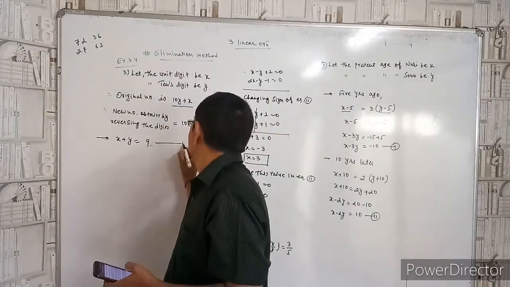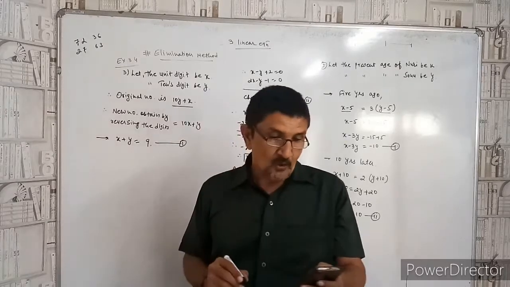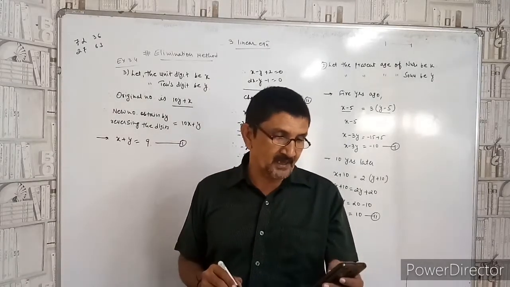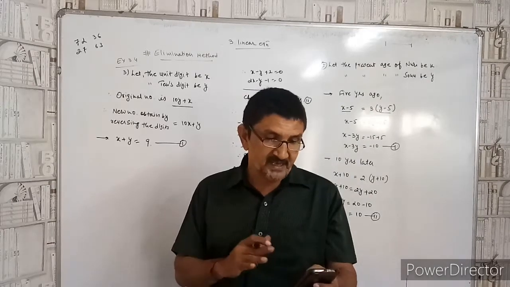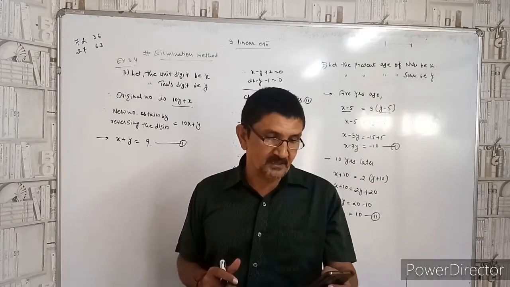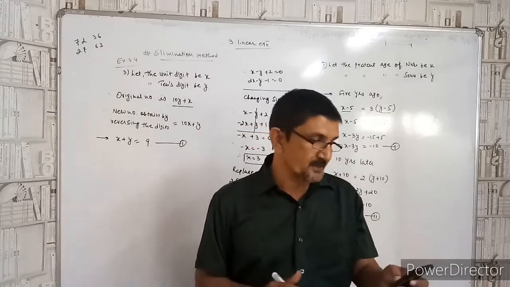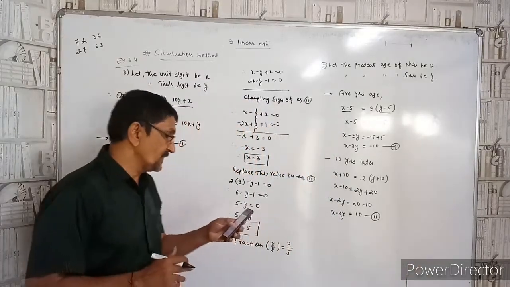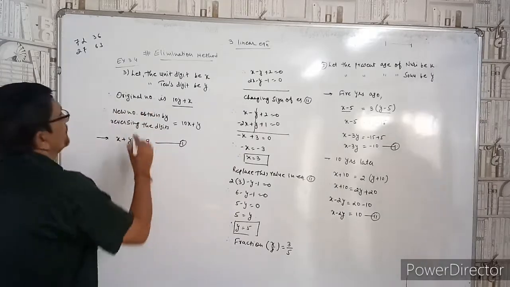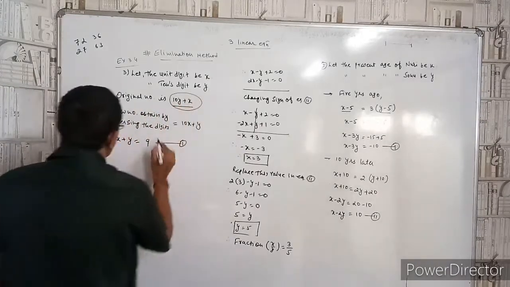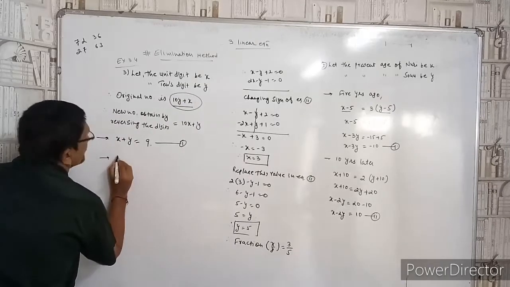Also, 9 times the number is twice the number obtained by reversing the order of the digits.